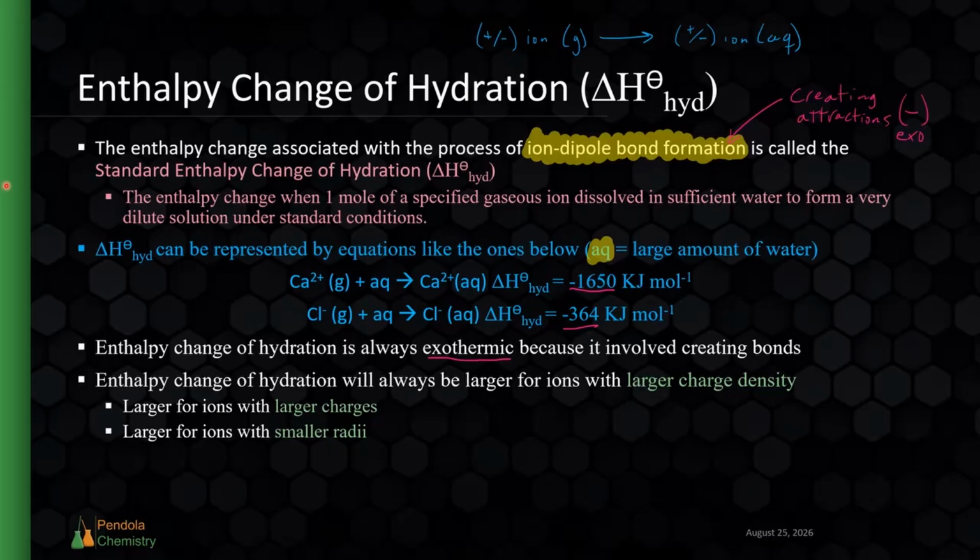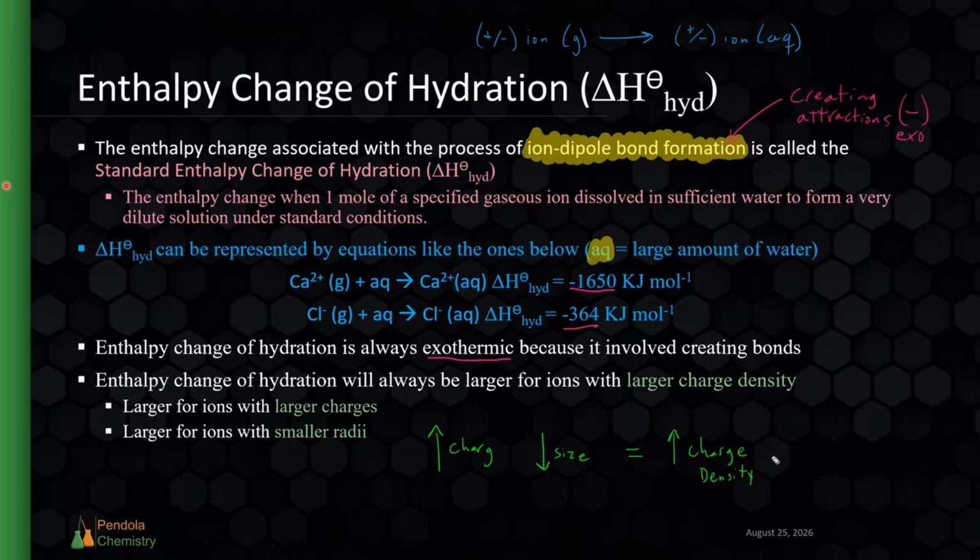So to put this all in a little neat summary, if we have a large charge and a small size for an ion, that's going to yield a large charge density, as we talked about earlier or in prior sections.